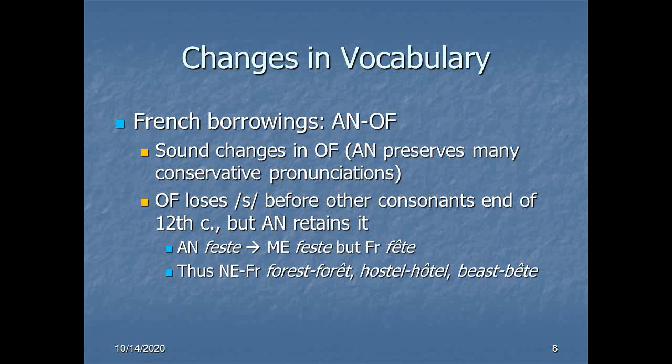What you can also see then in hostel and hôtel is that English has taken both of those words over, but at different times. We've had hostel for a longer time than we've had hotel. And we can tell this by the presence of that S before the T. Because, of course, by the end of the Middle English period, English was no longer taking words from Anglo-Norman, but did continue taking words from continental French.